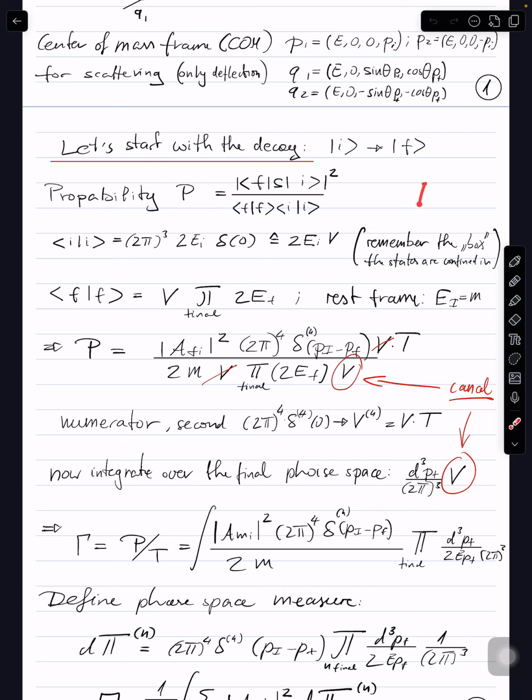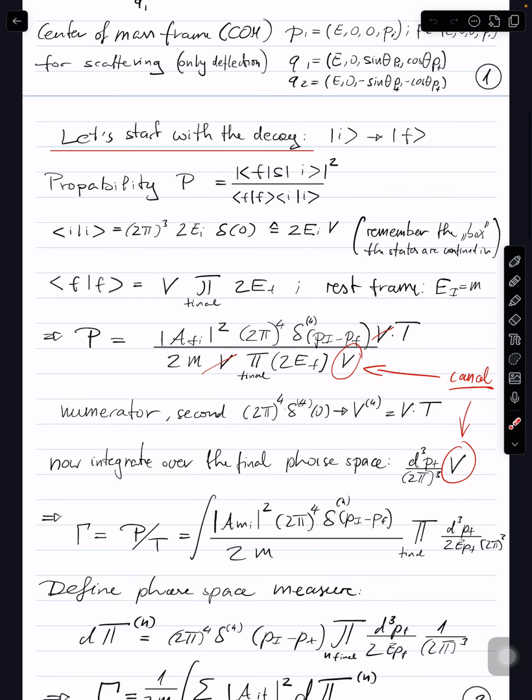We know that if we put the system in the box, all the delta functions at 0 that give you in principle a divergence are actually just volume factors. So this factor here just becomes a volume factor times twice the energy of the initial particle. In principle, we could have a product here of all possible initial particles, but since we are only looking at the particle that decays into some number of final particles, this index is just 1.